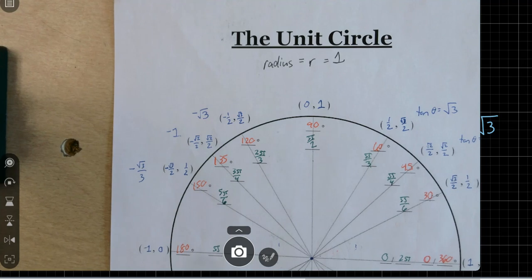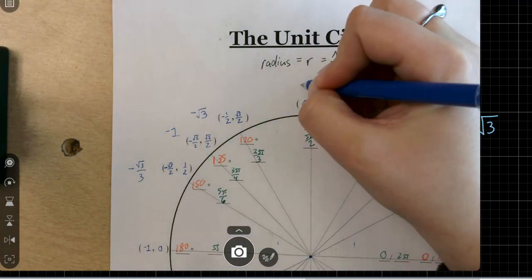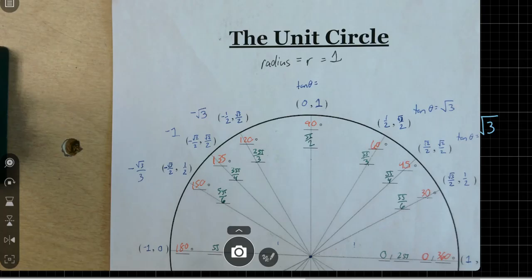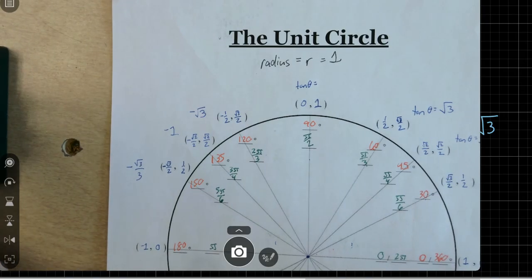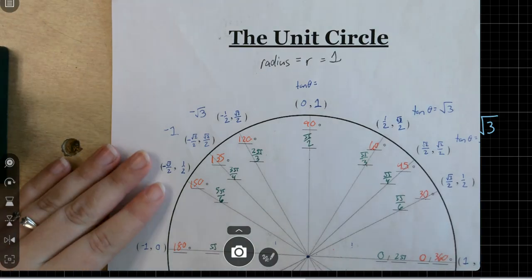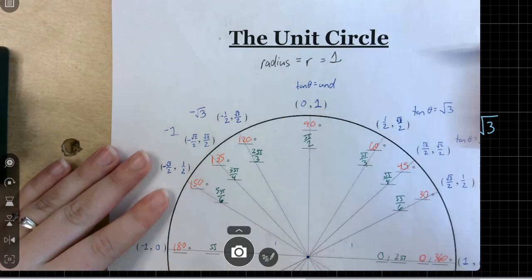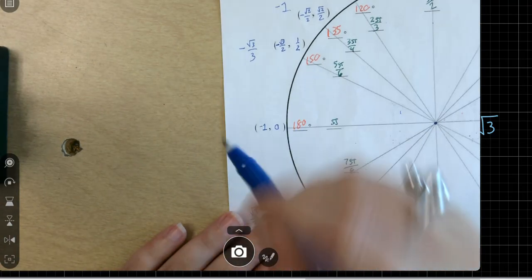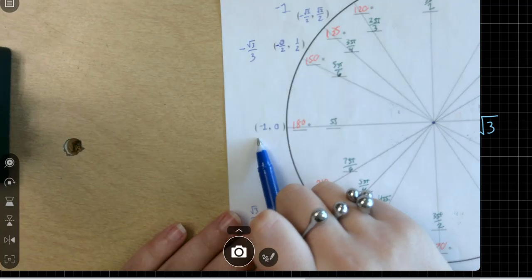Okay, what about up above? What would tangent be here? Yes, I can never divide by 0. So this is undefined. Okay. Over here, what would tangent be?